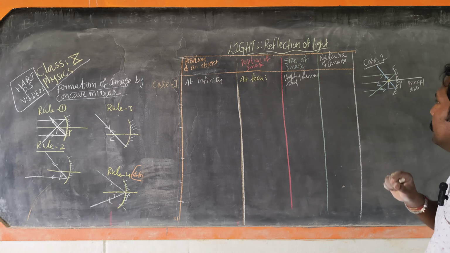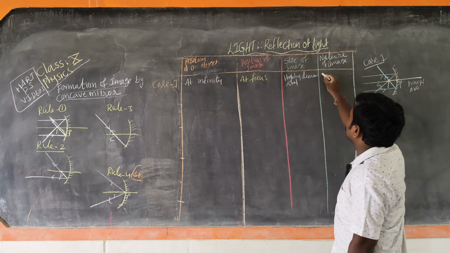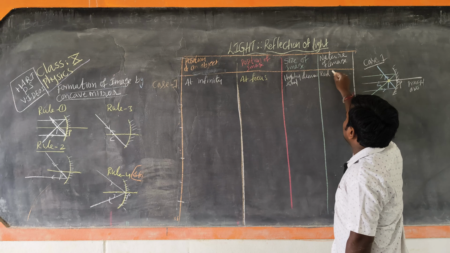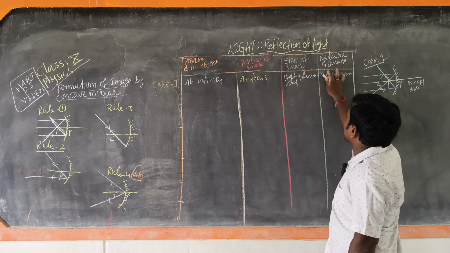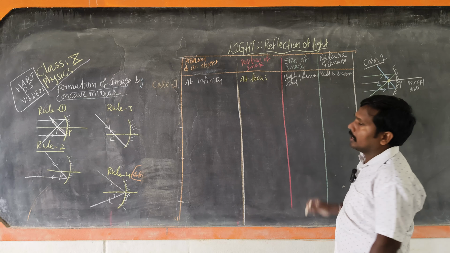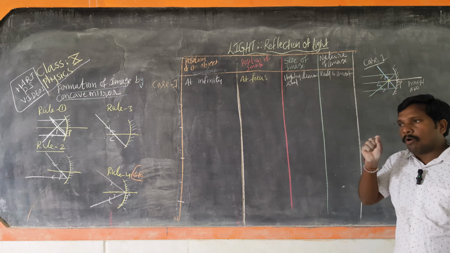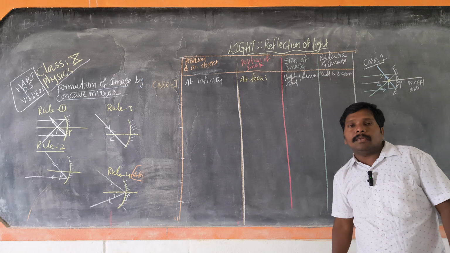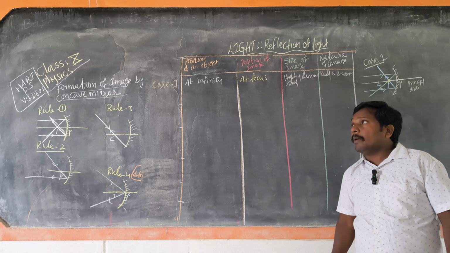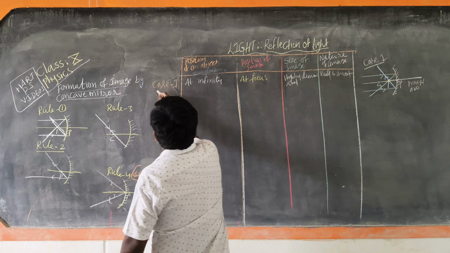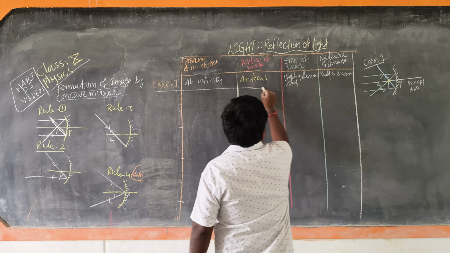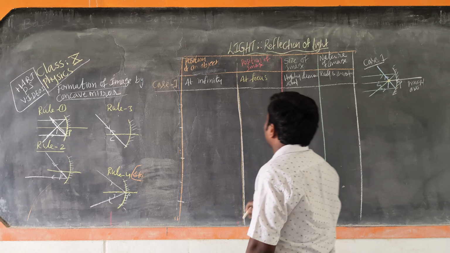It is real and inverted. Generally, a real and inverted, small size image of an object is formed when we place it at infinity. So at infinity, the image is formed at the focus.